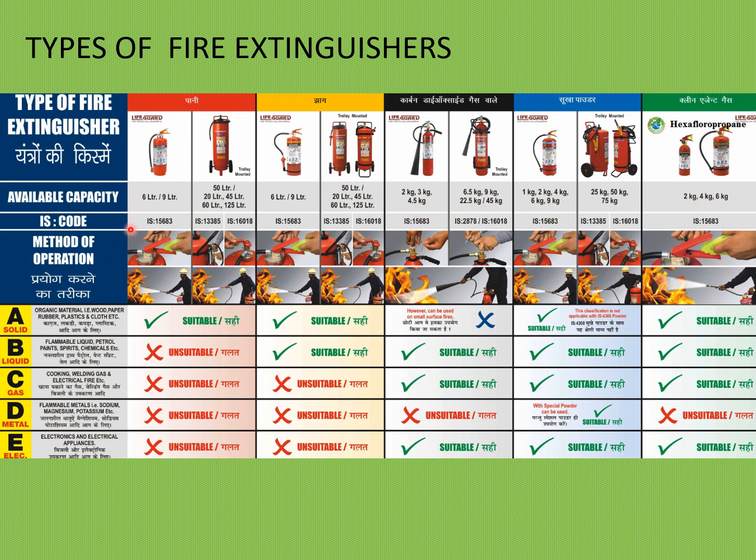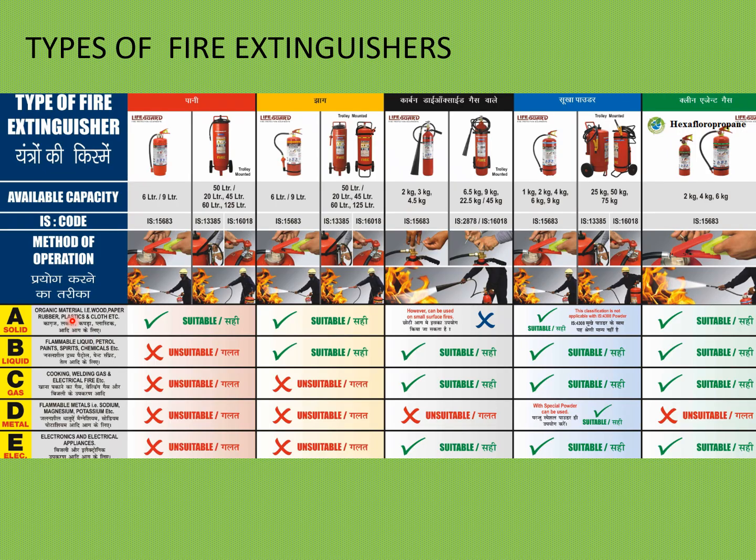The third row shows the IS code according to which they are supposed to be manufactured in India. The next couple of rows show how to apply the fire extinguisher during the fire.